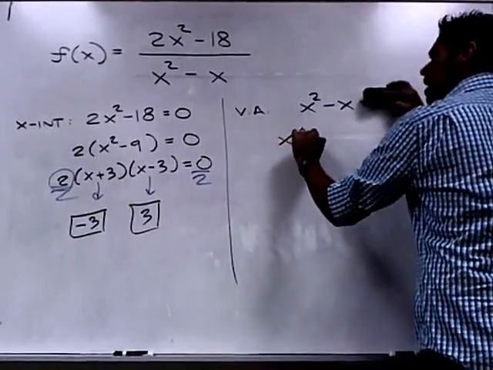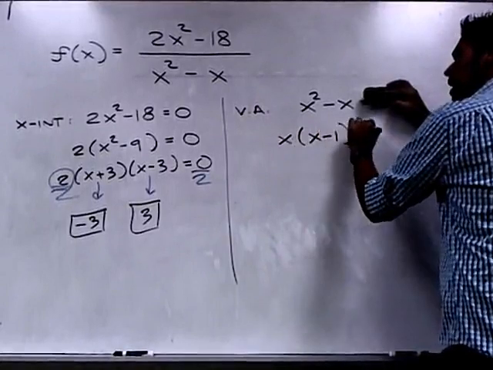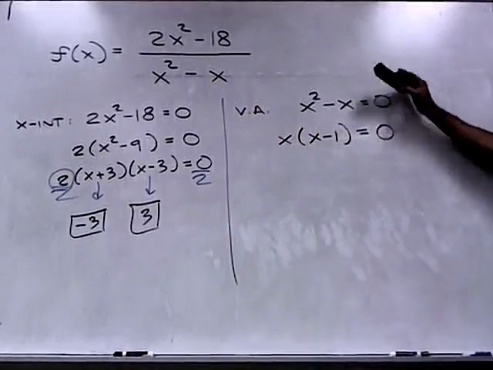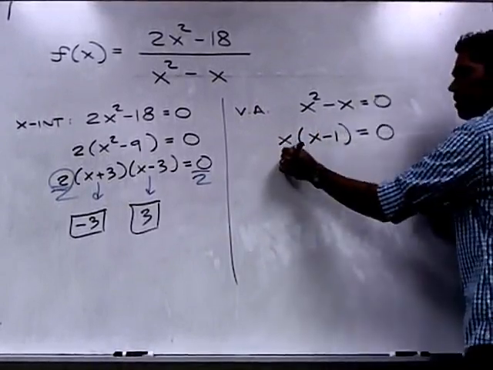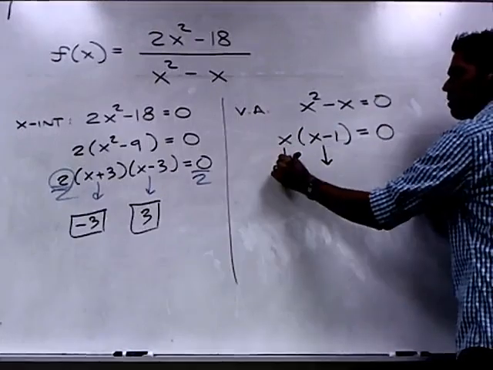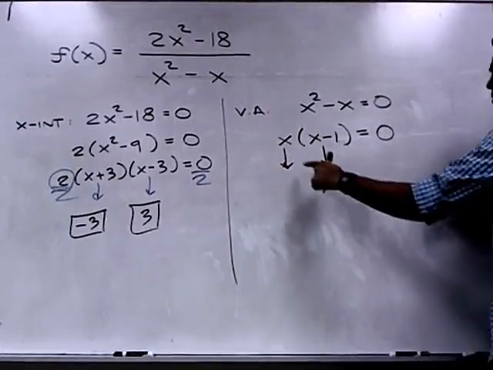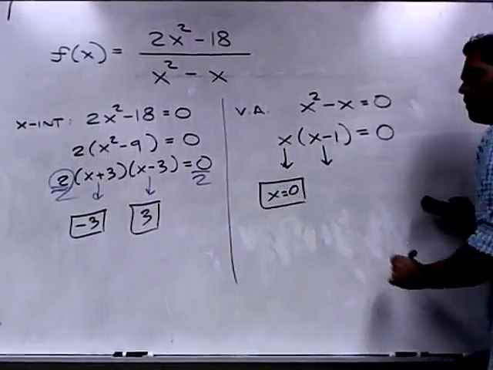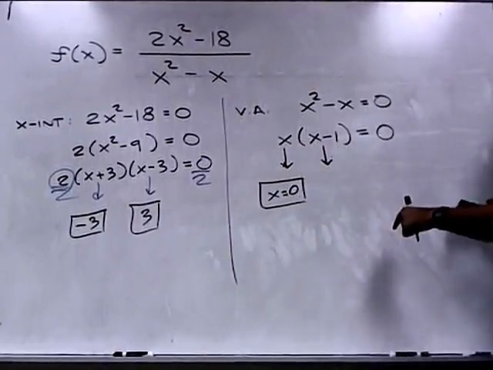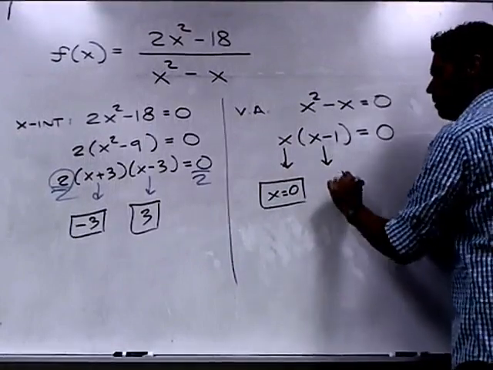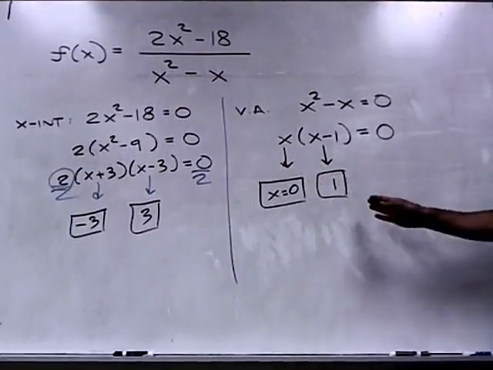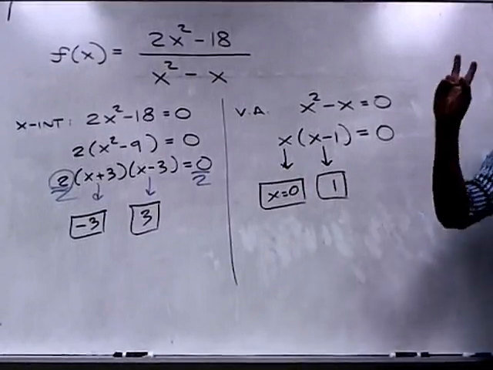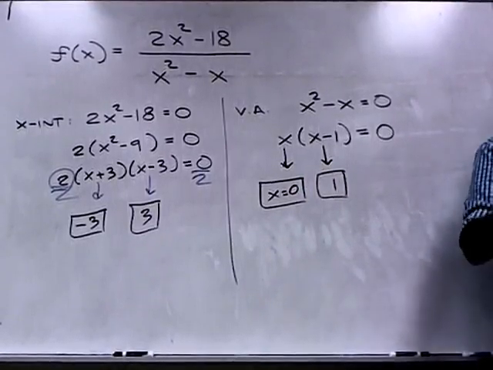X comes out, you're left with x minus 1, right? Now set each of those factors to 0. What do you get? Set that to 0, you get 0, don't you? Set that to 1, you get 1. So we have how many vertical asymptotes? 2. So you remember those dotted vertical lines we drew? We're going to have 2 of them.